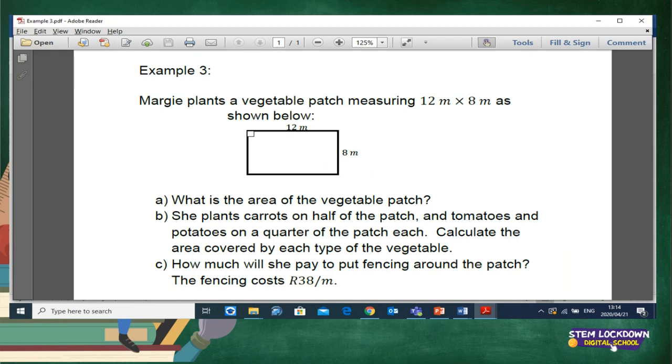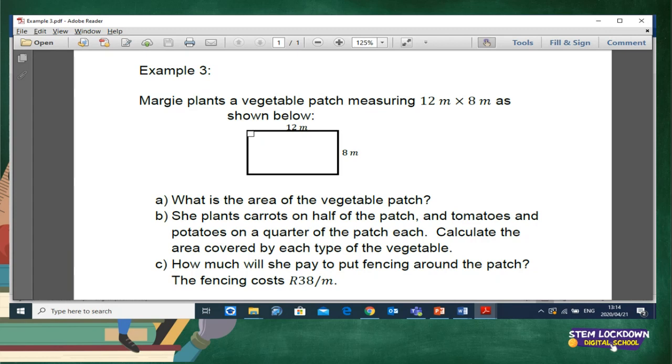Now, what does Margie do to the patch? The vegetable patch, she now plants carrots in half. Half of the patch, and a quarter tomatoes, another quarter potatoes. So, in other words, this patch is divided into 3 sides which are not equal.